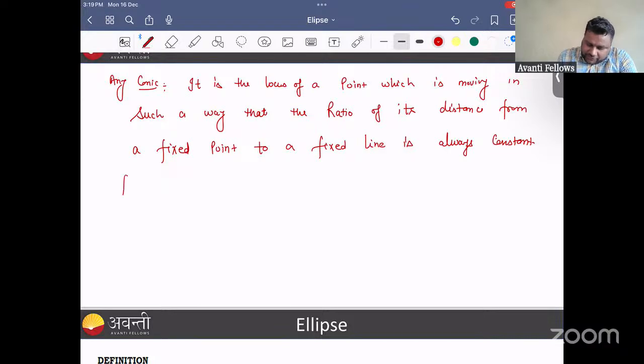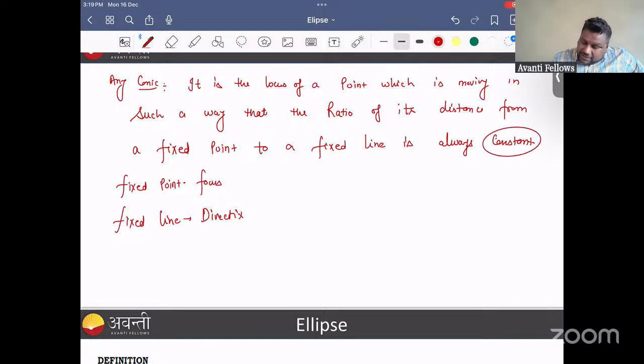This fixed point is what we call focus, and this fixed line is what we call directrix. These terminologies you have to remember. And this constant is what we call eccentricity.